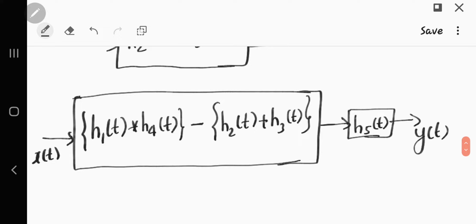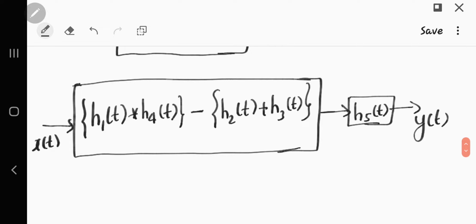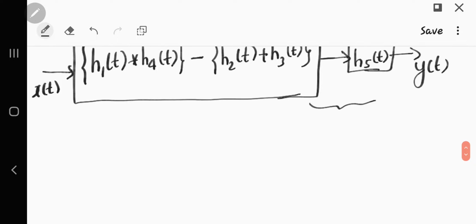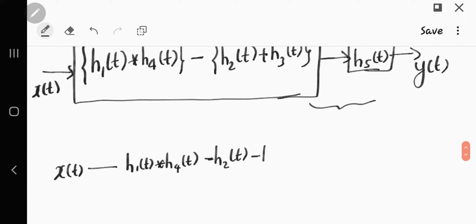Finally we can reduce this since these two are connected in cascade. By applying that, we get the overall system response like this: h1 of t convolved with h4 of t minus h2 of t minus h3 of t.